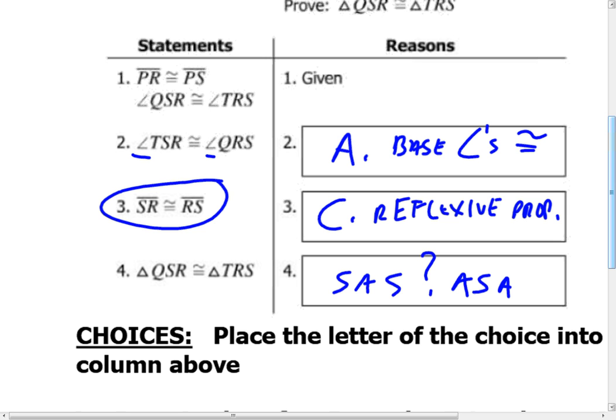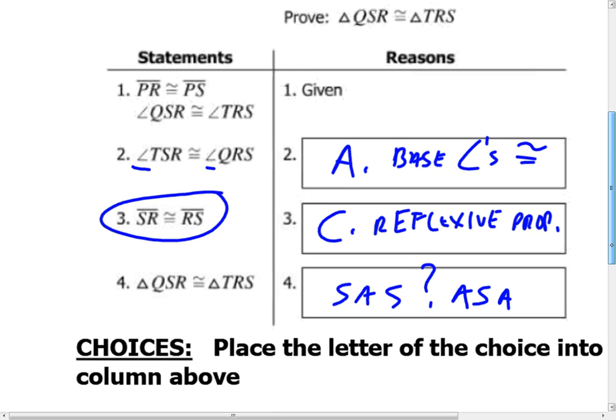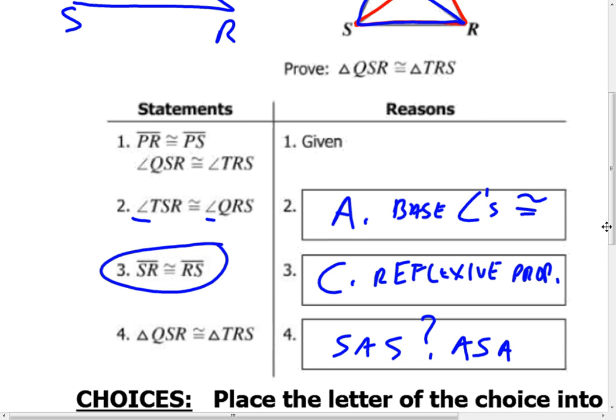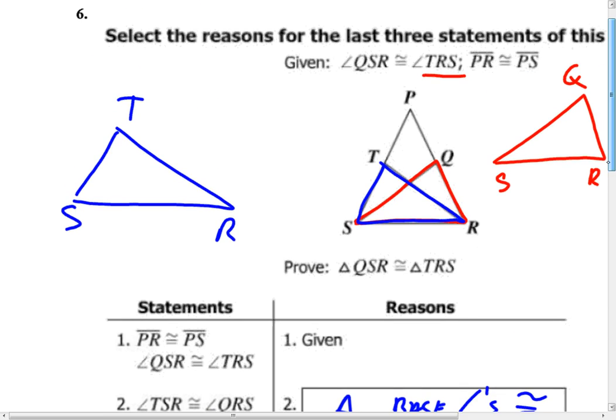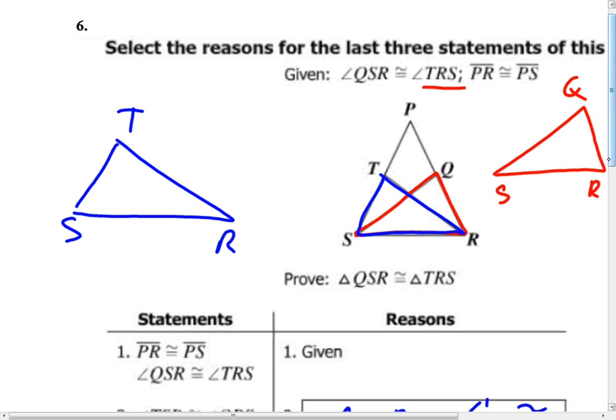Well, now let's actually take a look at the drawing and see which one of these two I want. If I look at the given information, PR equals PS. PR is this and PS is this. That's not actually part of the two triangles I'm looking at. But that tells me that I have what kind of triangle? Isosceles.